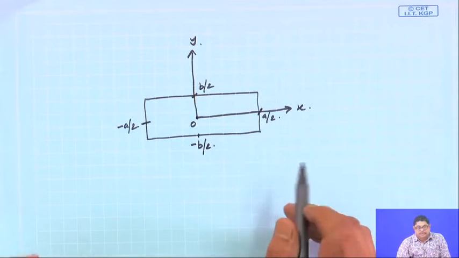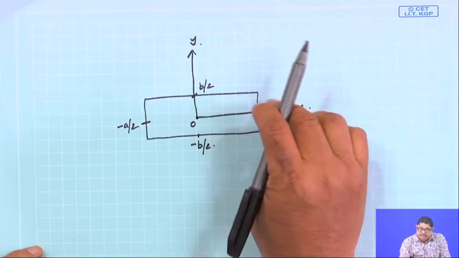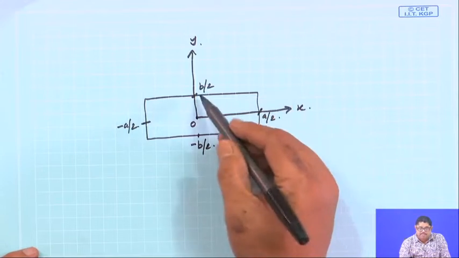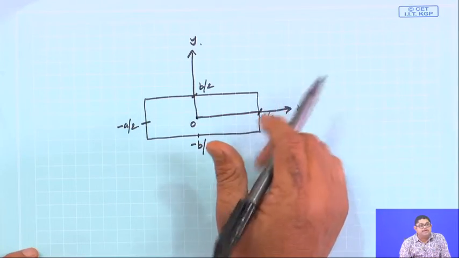Now, that is valid if the width b is very small compared to a.